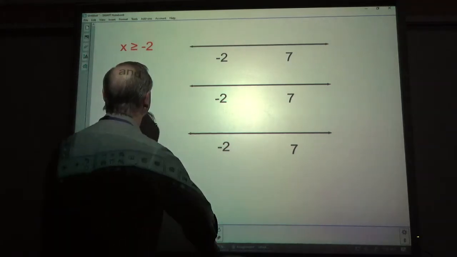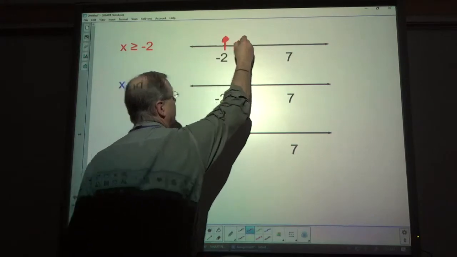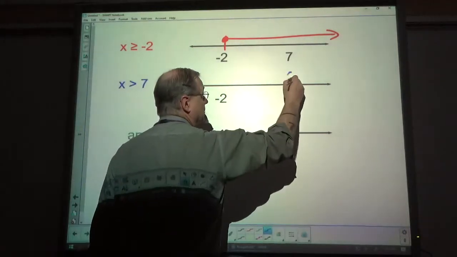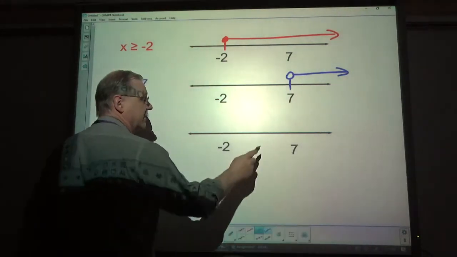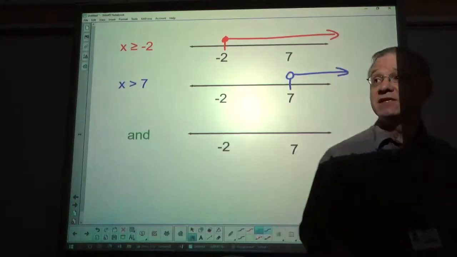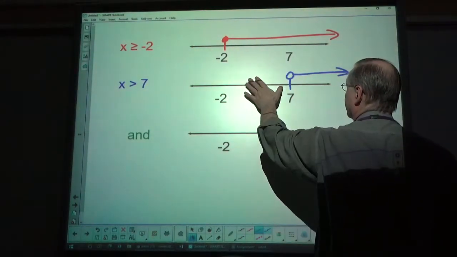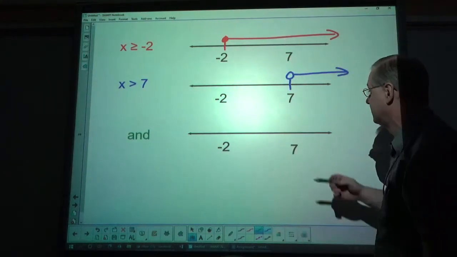In this one, greater than or equal to -2, solid dot, arrow to the right. Greater than 7, open circle, arrow to the right. So when I get to this, the only part that's in both, -2 is not in both, between is not in both, 7 itself is not in both, but above 7 is in both.